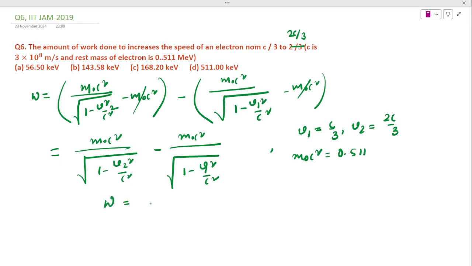We get the work done as 143.58 kilo electron volt. This would be our answer.